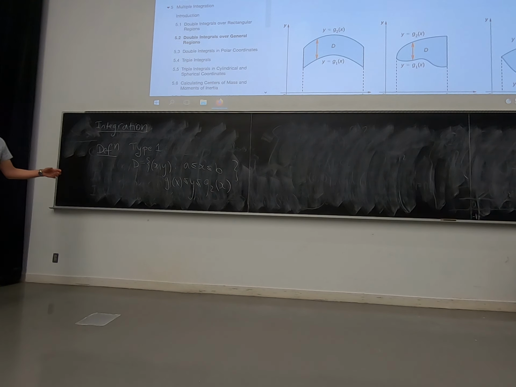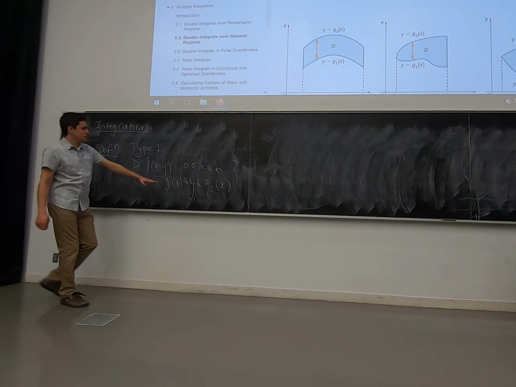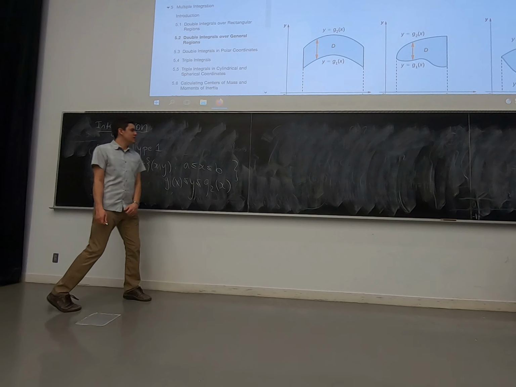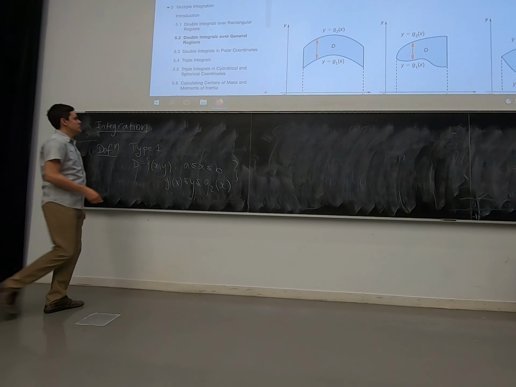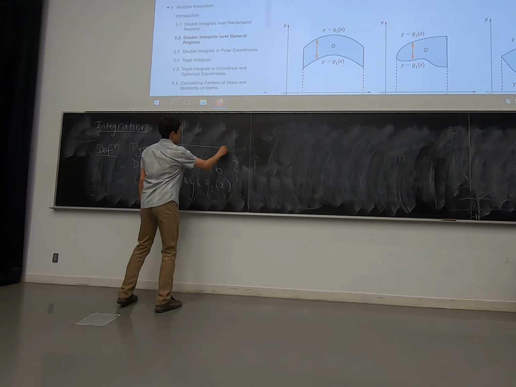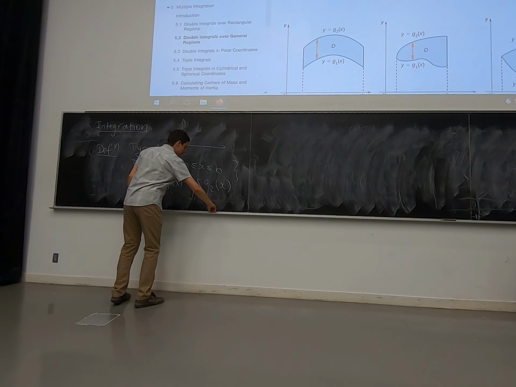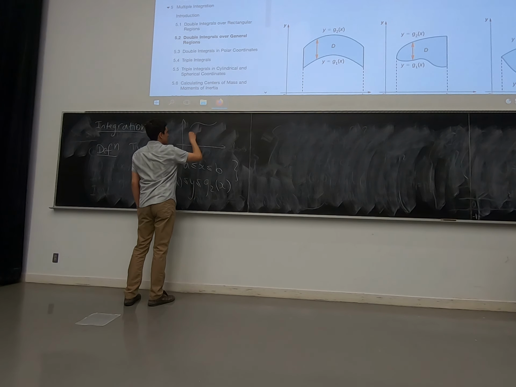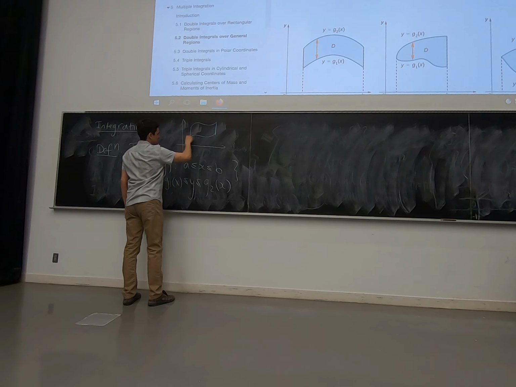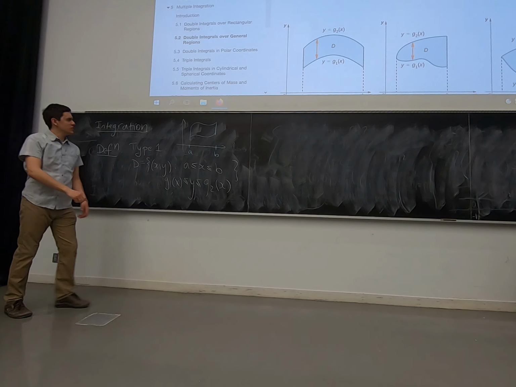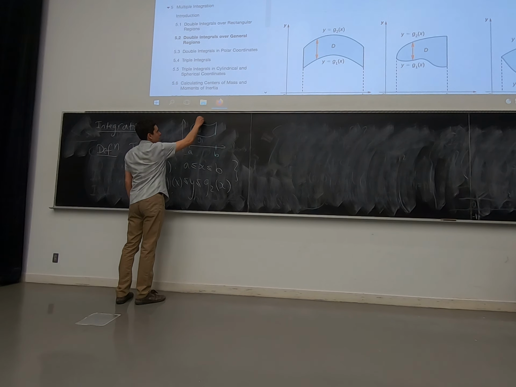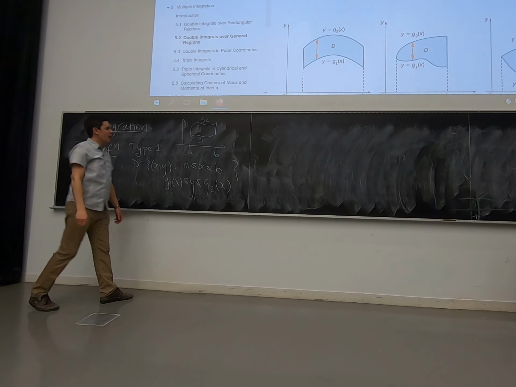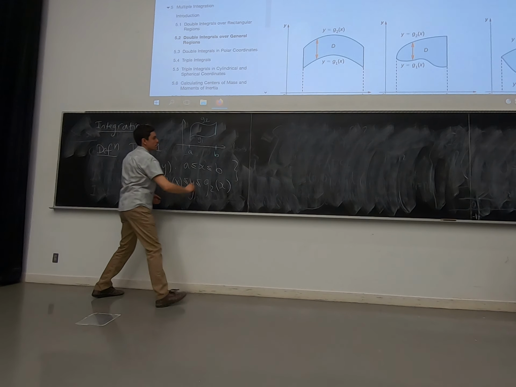So if there's a continuous function g1 and a continuous function g2 that cut out our region D. This lower graph here is the graph of g1, and the upper graph is the graph of g2.